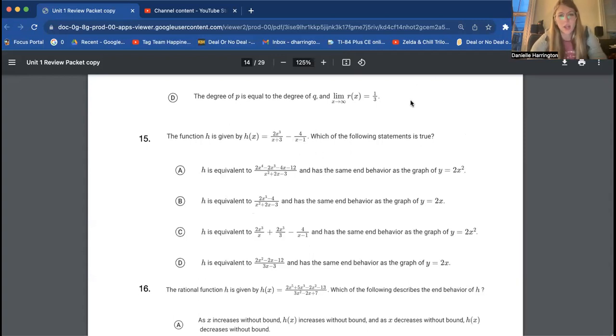If I had like 1/4 and I had 1/3 and I wanted to subtract them, I need a common denominator. So I multiply the first term by 3 and the second term by 4 and do the things. Well, this is the part you're not going to like, because I'm going to have to multiply this by x minus 1 and this by x plus 3.